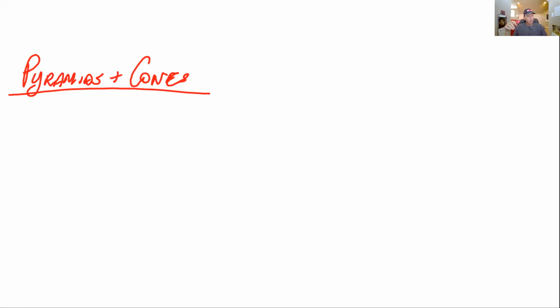So volume is kind of interesting here. Now I'm going to show you this because it turns out that with a pyramid and a cone, their volumes are directly related to the volume of the shape that would be if there wasn't a single point at the top. So let me just draw this real quick. So here we've got a cone. Looks like this.